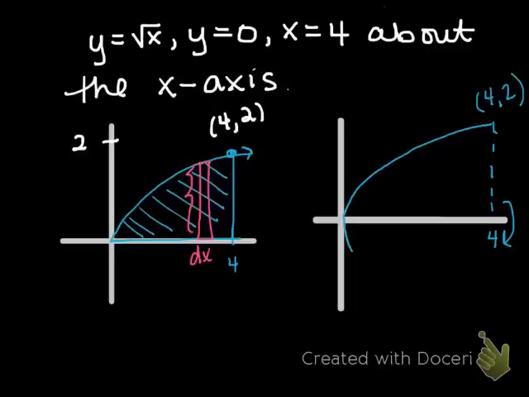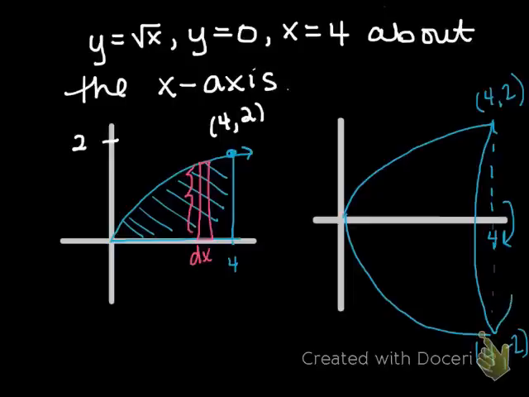So now we're going to get the bottom half of our solid. We have this new point down here, which is 4, negative 2. And now we can show what that solid would look like. So there's our 3D figure.